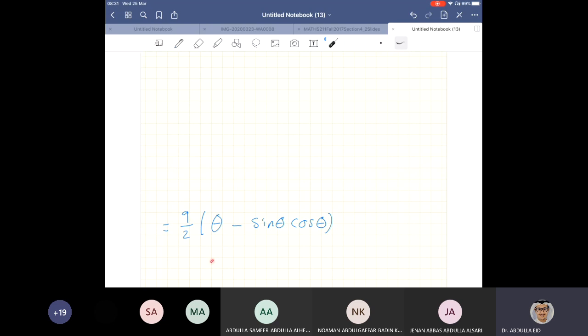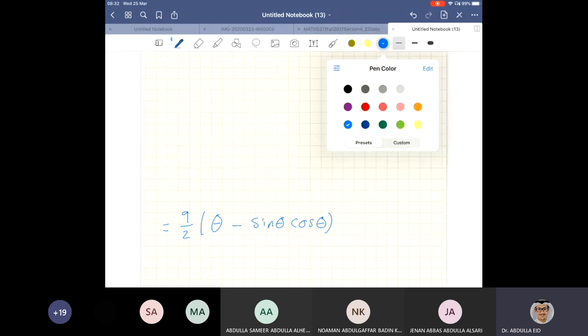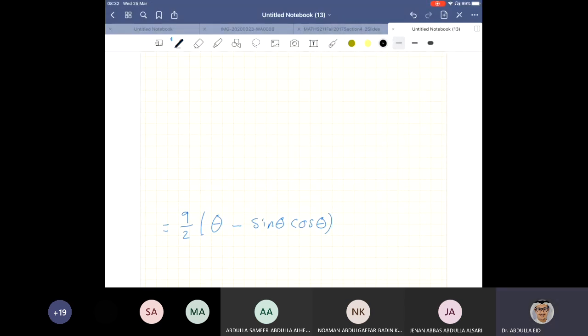Now I need to find how much theta in terms of x, how much sine theta in terms of x, and how much cosine theta in terms of x. So I have to remind myself what was the relation between my x and theta. x equals 3 sine theta. Is that correct?